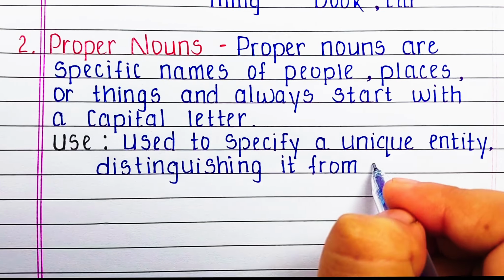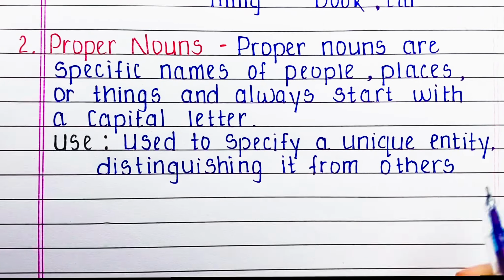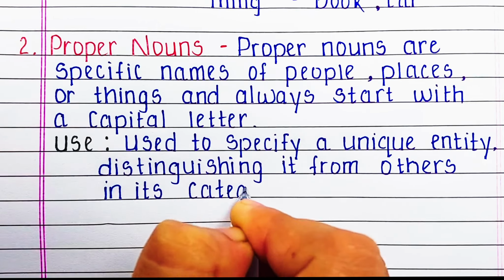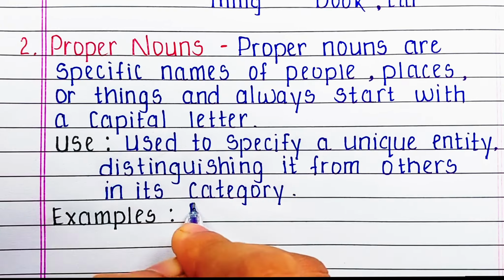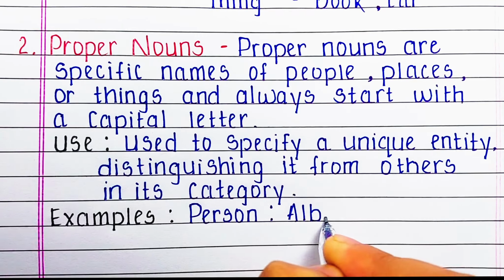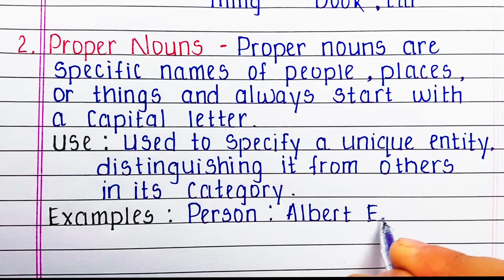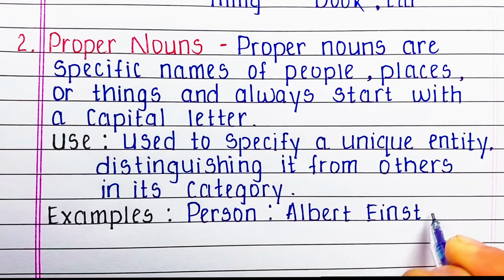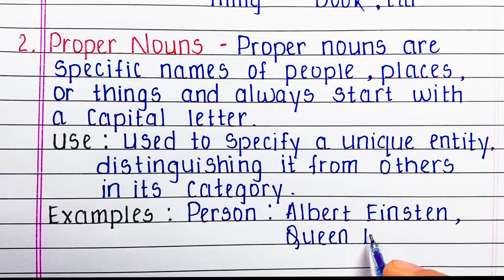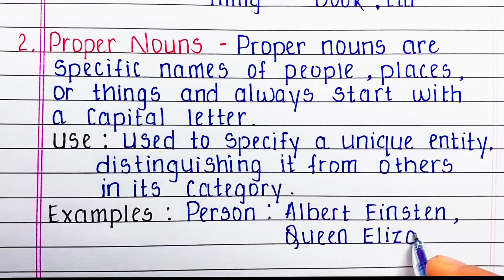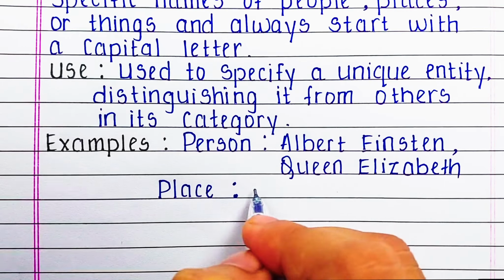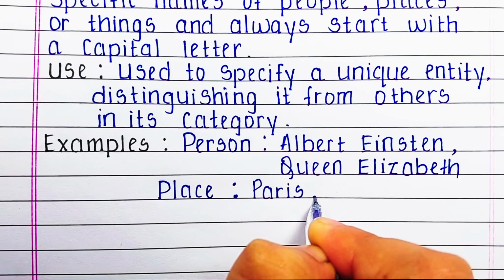Use: they are used to specify a unique entity, distinguishing it from others in its category. For example, for person, we write Albert Einstein, Queen Elizabeth, like proper person names.